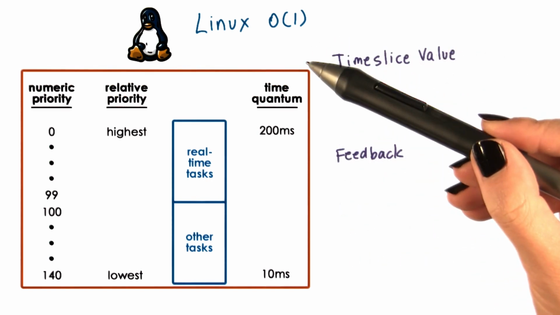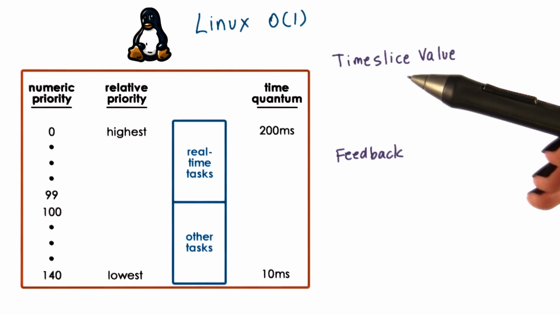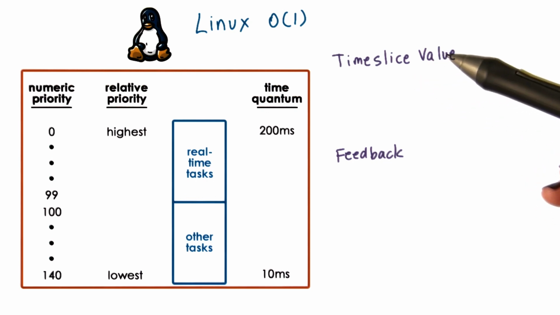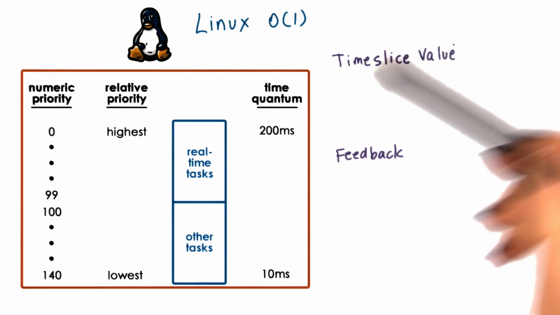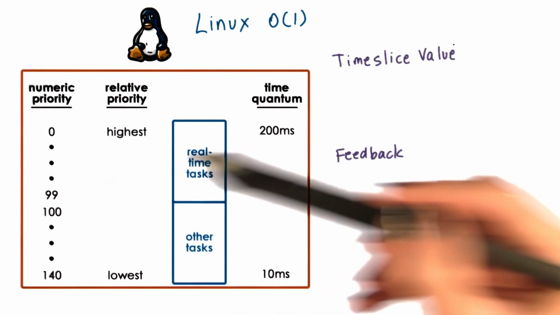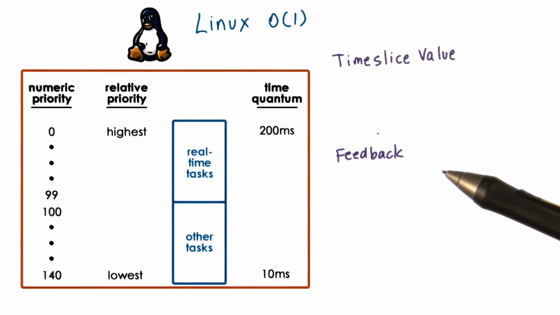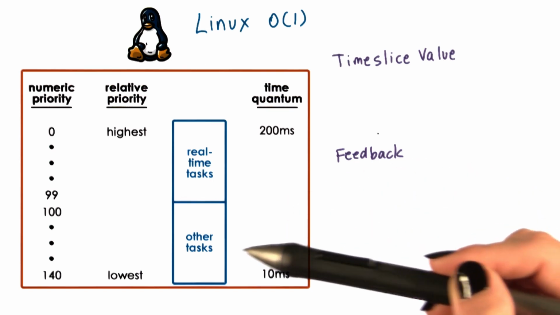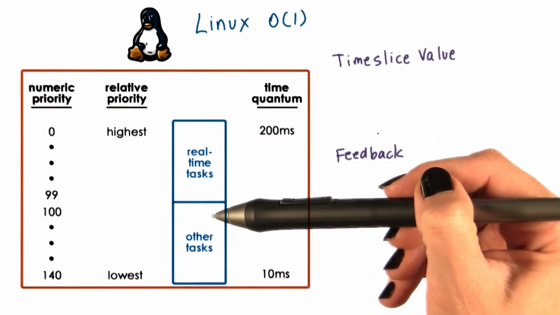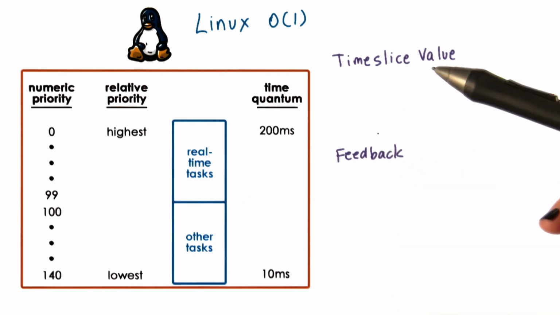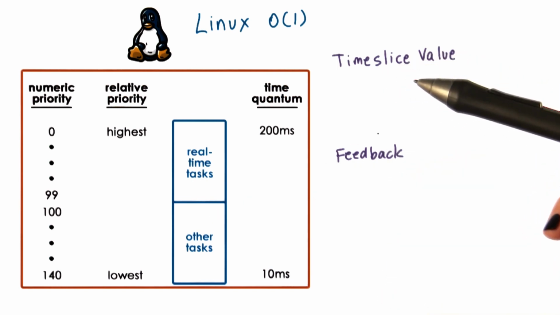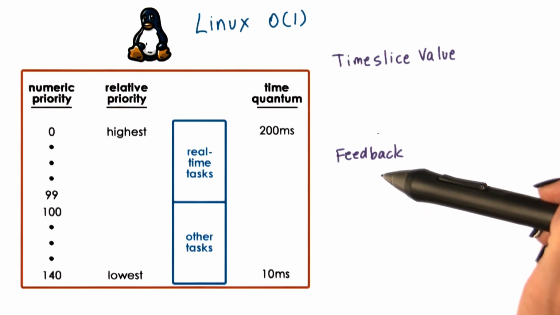The O(1) scheduler borrows from the multi-level feedback queue scheduler in that it associates different time slice values with different priority levels, and it also uses some kind of feedback from how the tasks behaved in the past to determine how to adjust their priority levels in the future. It differs, however, in how it assigns the time slice values to priorities and how it uses the feedback.